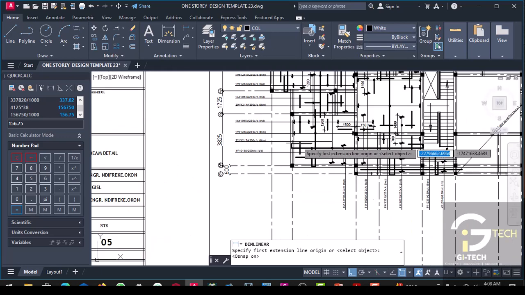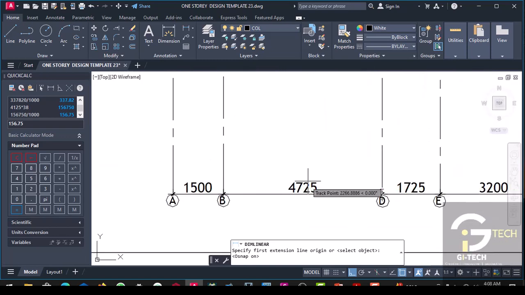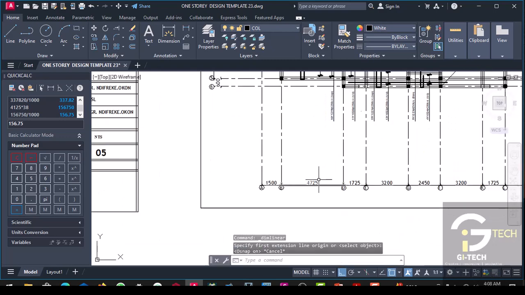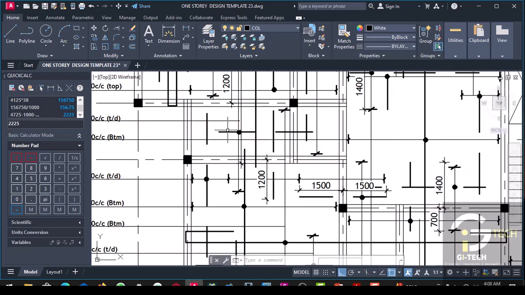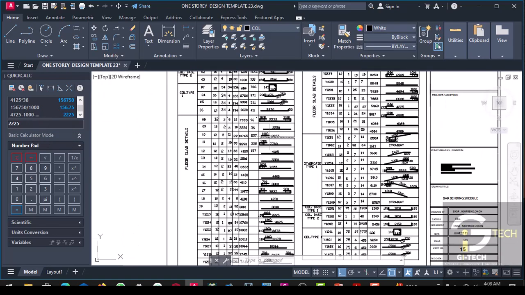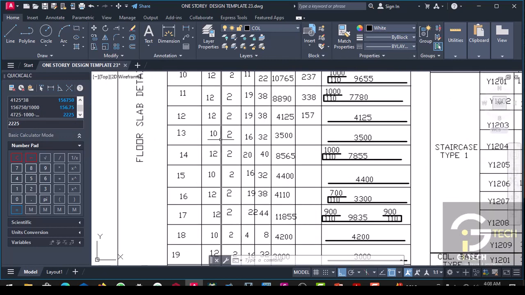The remaining length of the distribution bar will be, okay, this is 4725 minus 1000 minus 1500. So the length of this reinforcement here, from here to here, is 2225. That is 13.